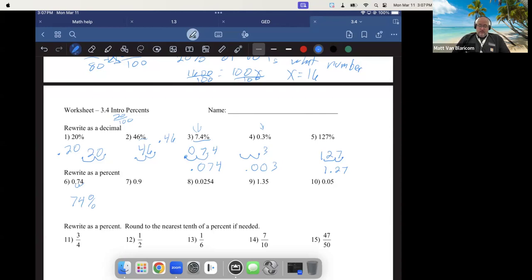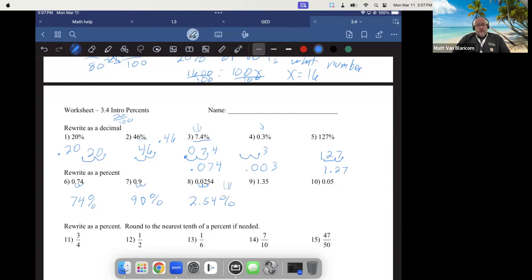Same thing here. I'm going to take and move that over 1, 2. When I do, I get 90%. This one moves 1, 2, and I get 2.54%. So when I'm moving these, I'm just moving according to the decimals, and I'm making it a point to write the sign.